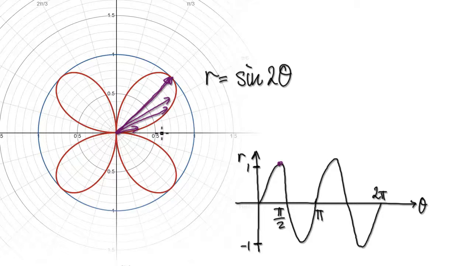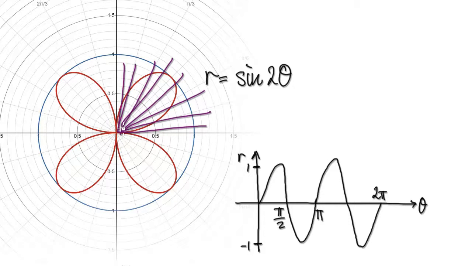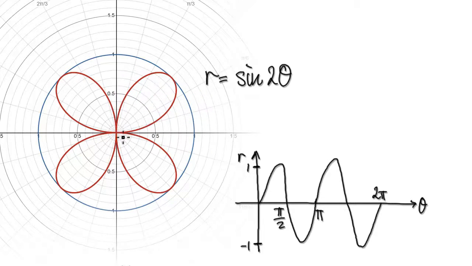Then beyond pi over 4, you can see that the radius is decreasing. By the time you get to 90 degrees, you would have done 1 petal.